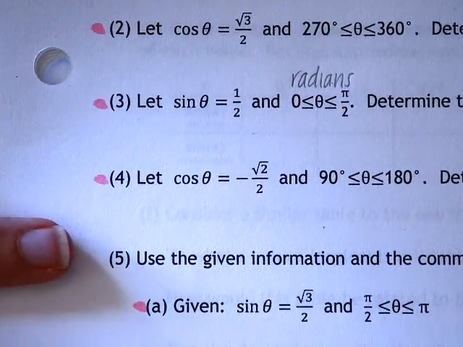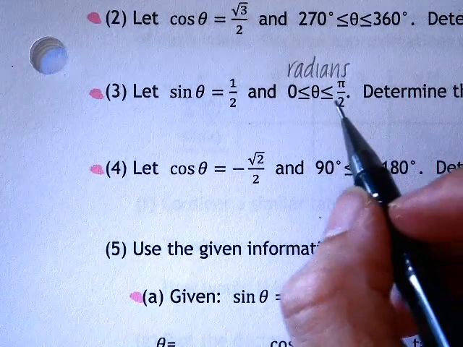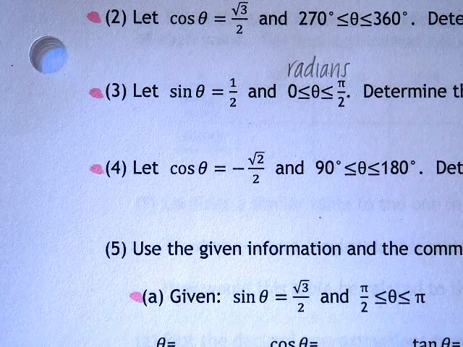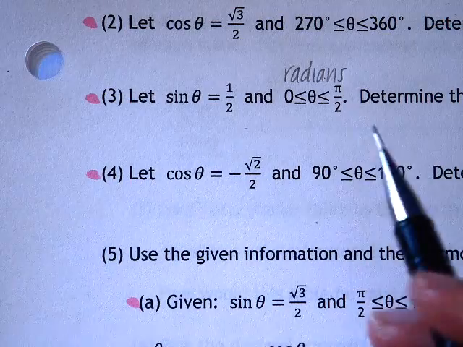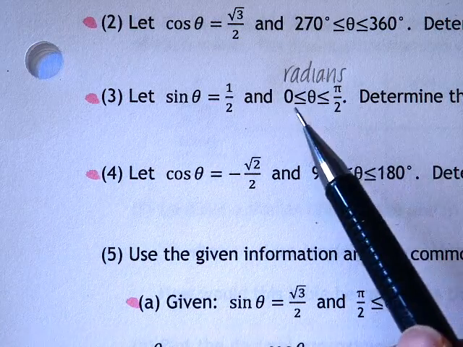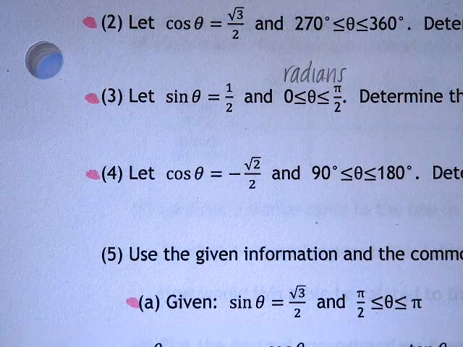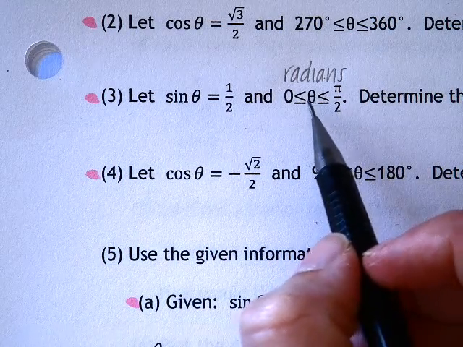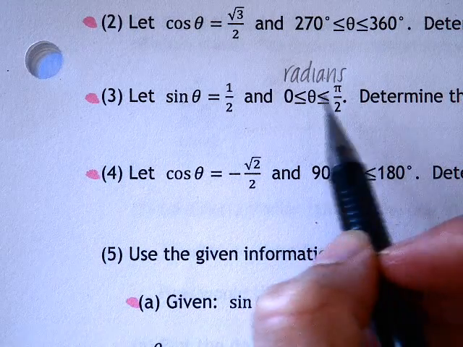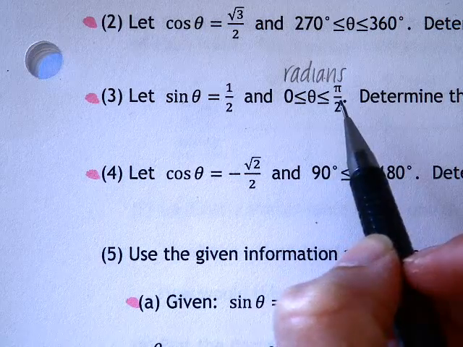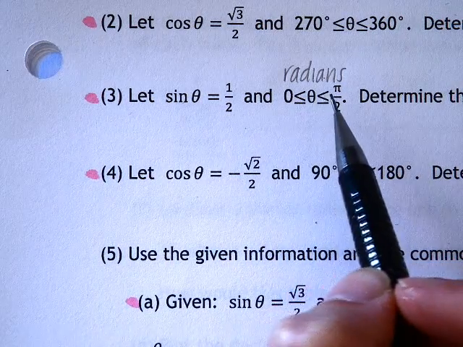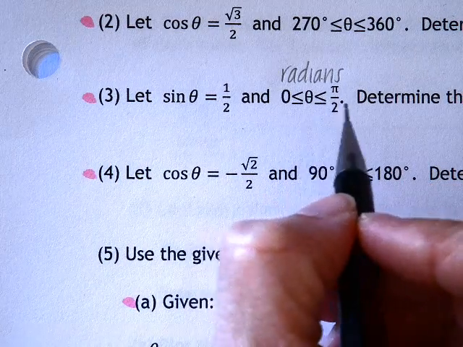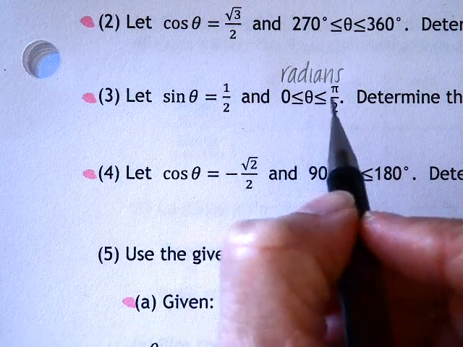Now, going back, the important thing about this clue isn't just the fact that it wants us to state our answer in radians, it's also telling us a specific beginning and end to the possible range of answers we could have. This little symbol, theta, is the number we're looking for. And the way it's arranged in this little statement here implies that theta is between 0 and pi over 2. You see how it's literally written in between those two numbers?